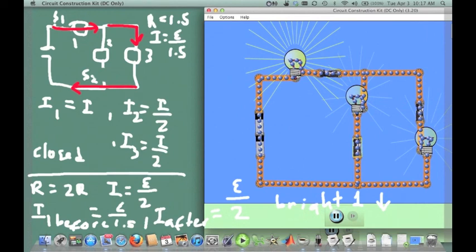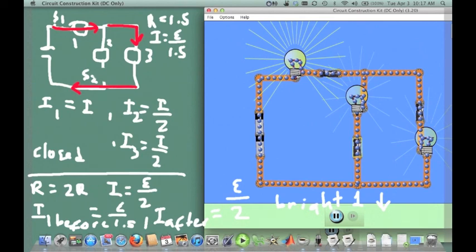Okay? But what happens to the brightness of light bulb number 2? What was the current flowing through that light bulb before I opened the switch? If the total current was epsilon divided by 1.5, then with S2 closed, the current flowing through light bulb number 3 was epsilon divided by 3.